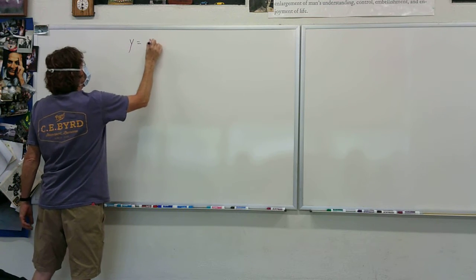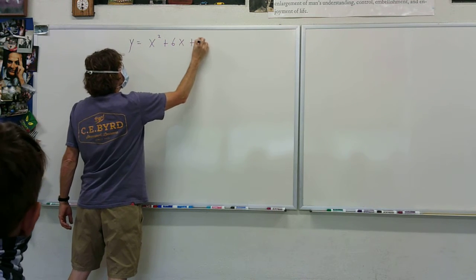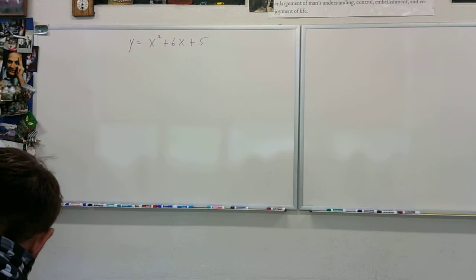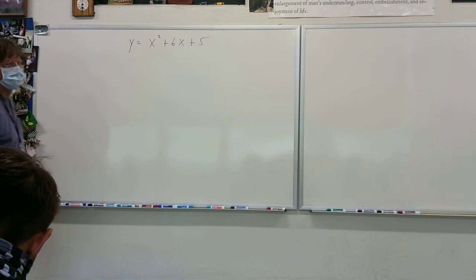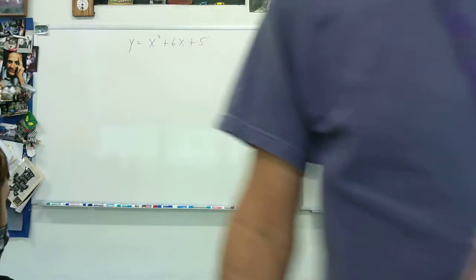Y equals x squared plus 6x plus 5. Let's go ahead and pick one out here. Find the vertex. All right. I've got to look to see if I have enough room to graph it over here to show up on the camera.